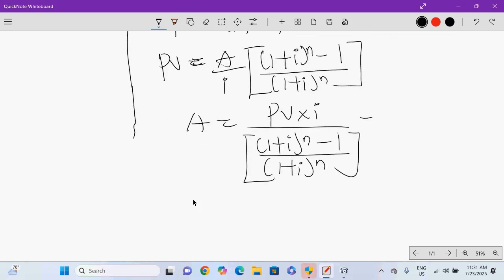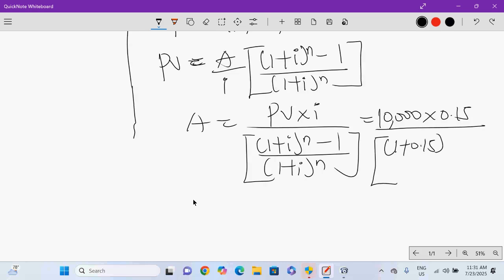If we insert the values, PV is 10,000 times the interest rate 0.15, all over (1 plus 0.15)^3 minus 1, all over (1 plus 0.15)^3.